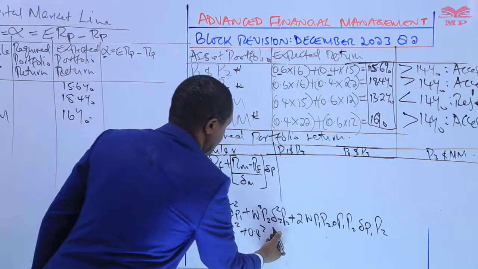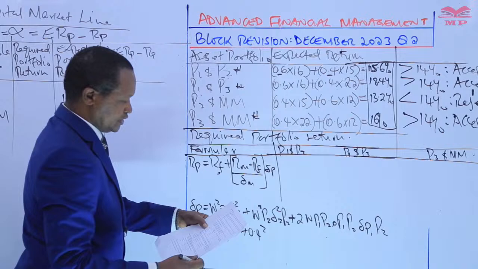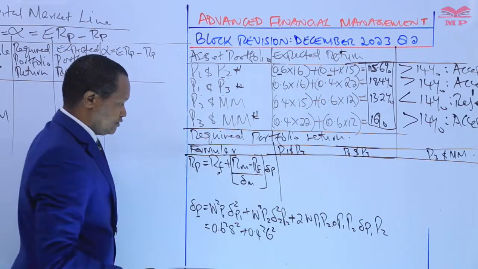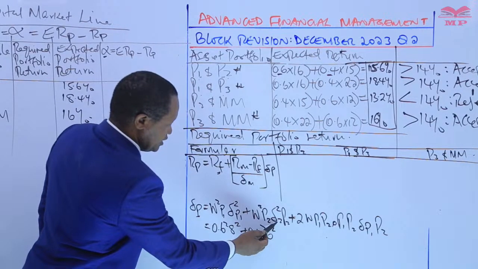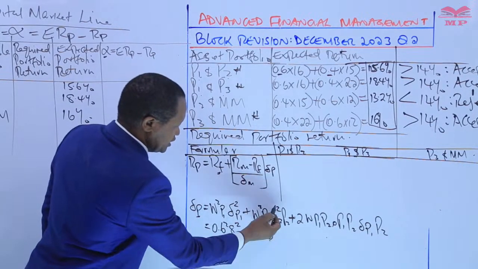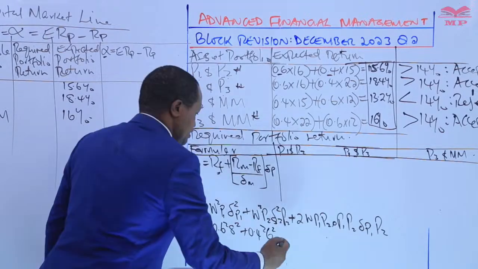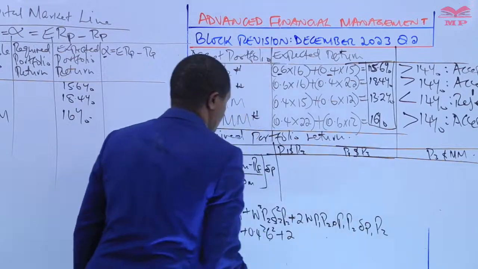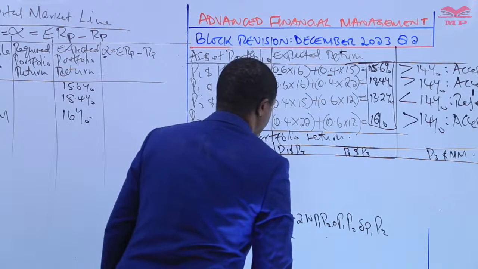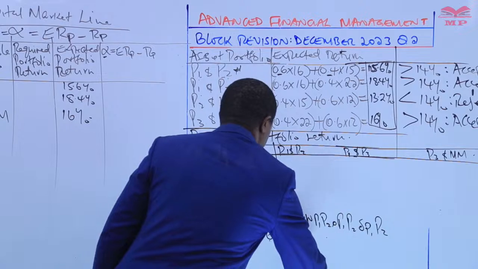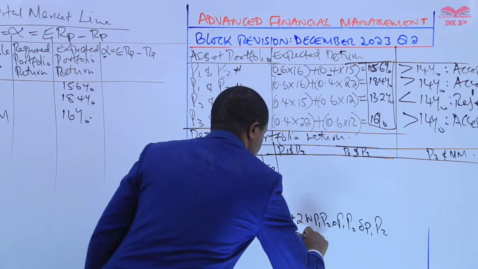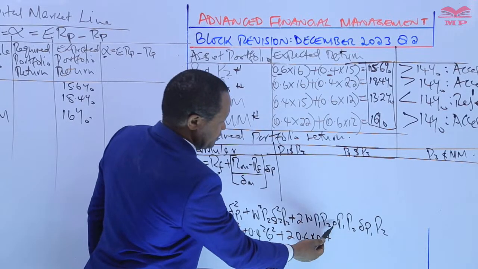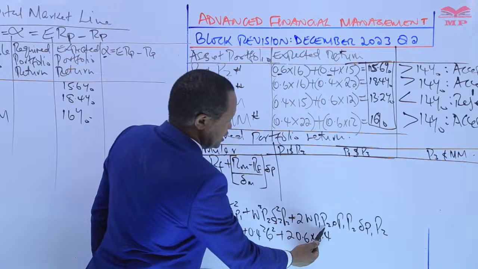Then we get the variance of P2, 6 squared. Are you following? You square the standard deviation from the question, which is 6. Then, the weight of P1 and P2 is 0.6 times 0.4. All right, you multiply the weight of P1 and P2.